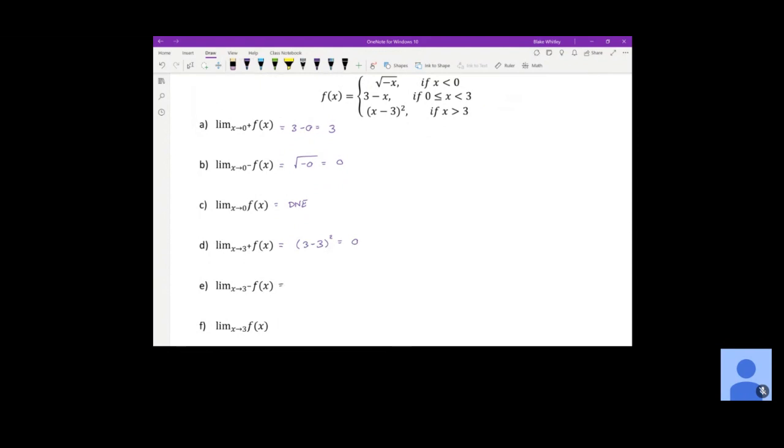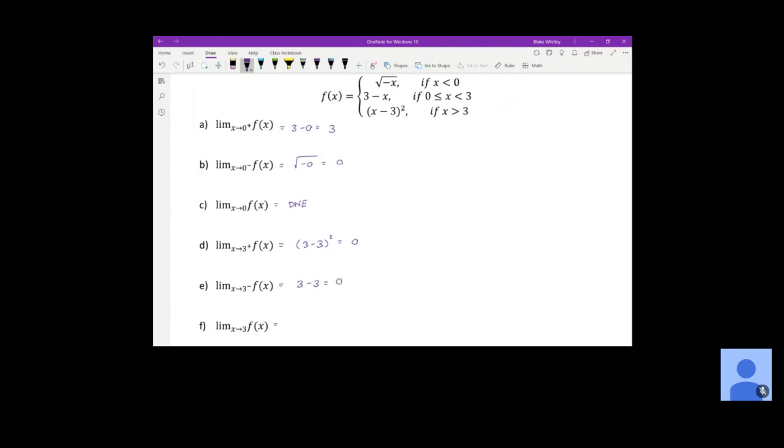Now we want to look at our limit as x approaches 3 from the left. So where is that going? Good. The middle piece, 3 minus x. So we're going to have 3 minus 3. In this case, that gives us what? 0.